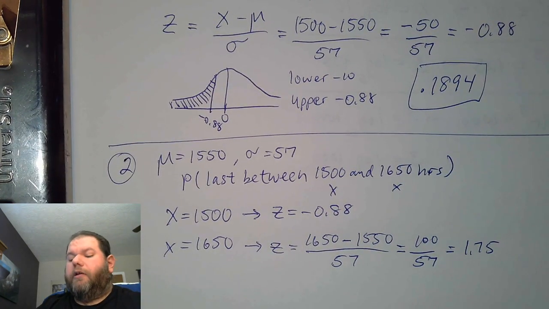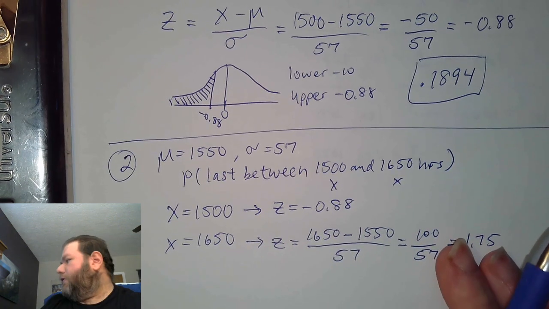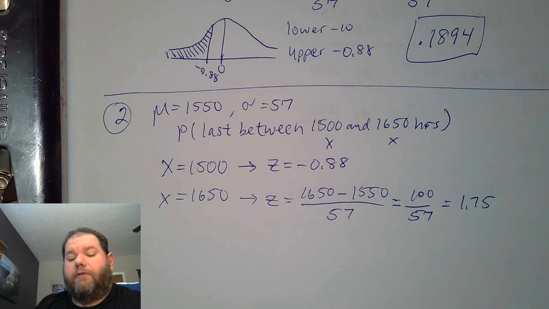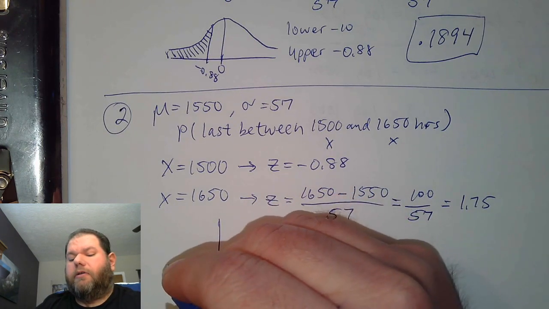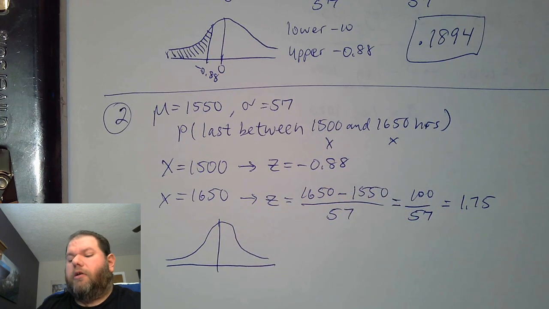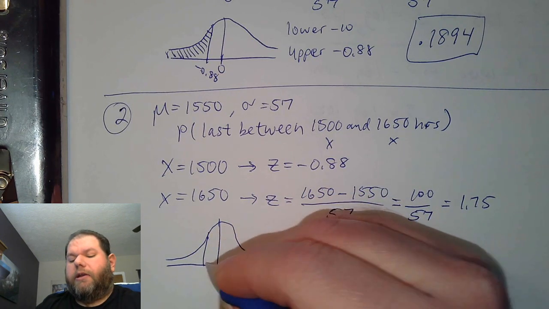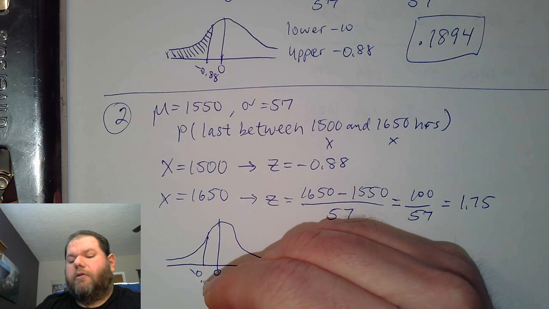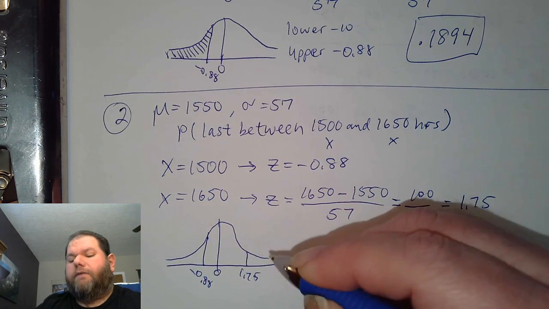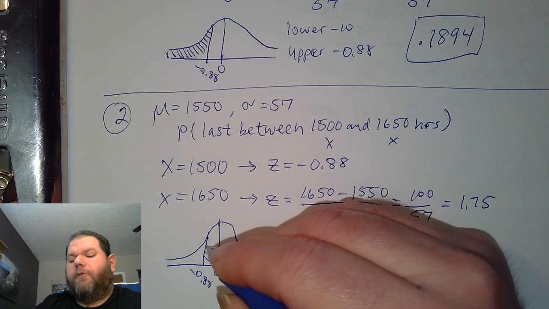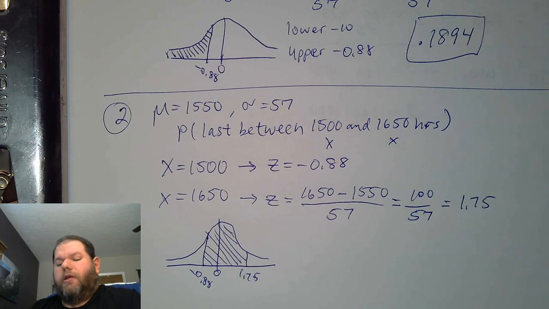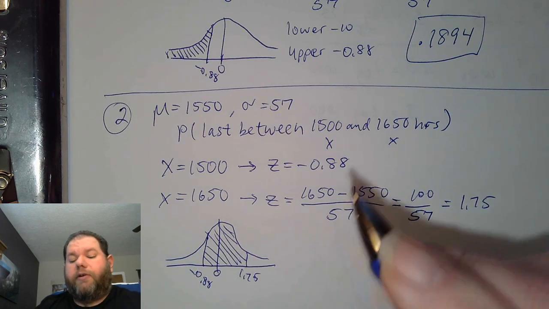Okay, so we have each of our z-scores, and we know we want to find the probability between these two z-scores. So we have negative 0.88 and we have 1.75. Since it's between, we know we'll shade the area between. And that's our lower and our upper bound right there.